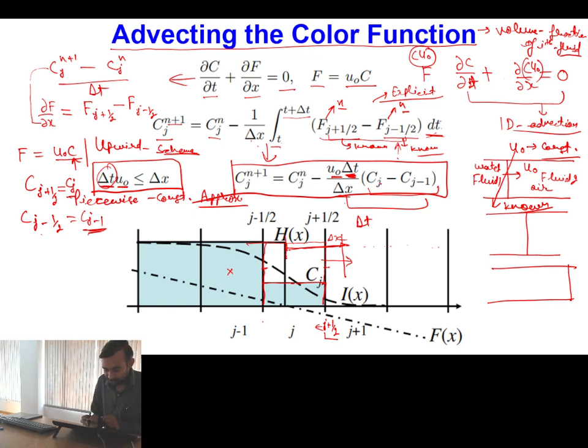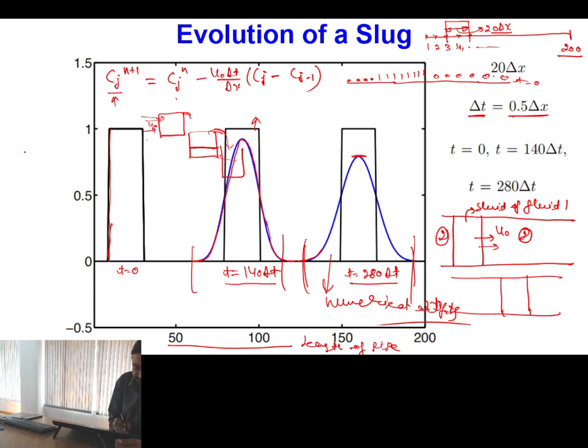Whatever scheme you use, you consider that the flux at this point is equal to Cj, the flux at this point is equal to Cj minus 1, and the flux at this point is equal to Cj. What is the meaning of this?